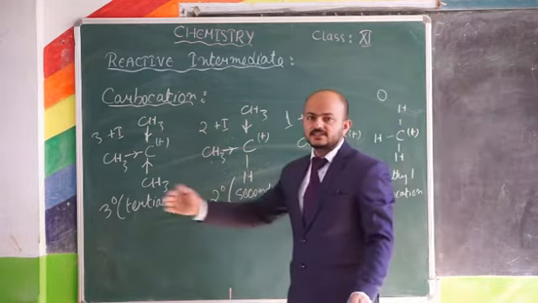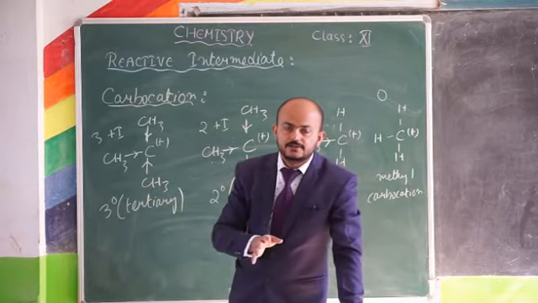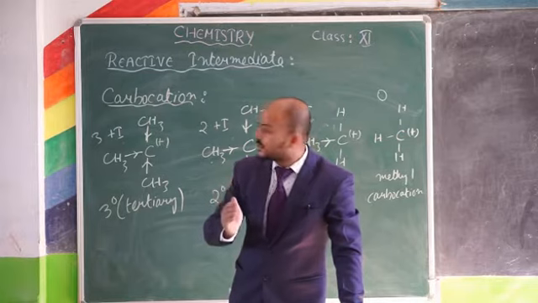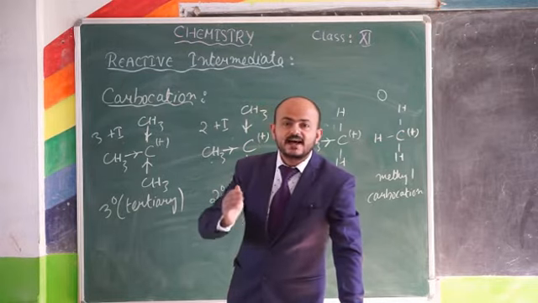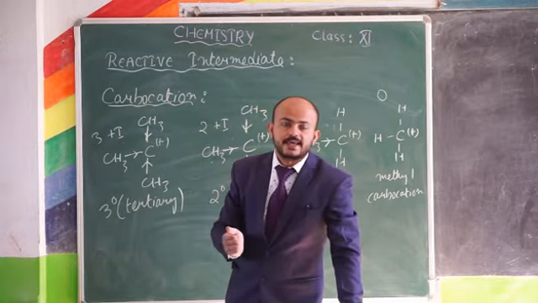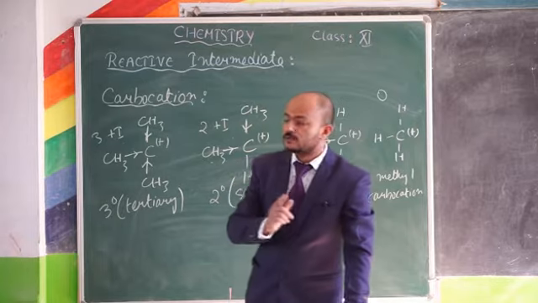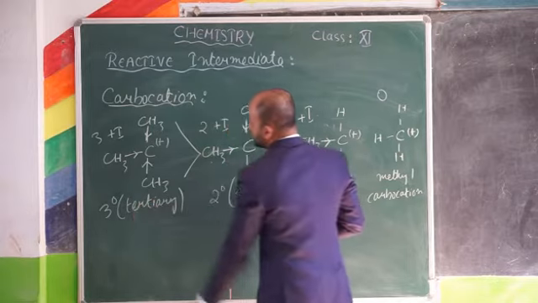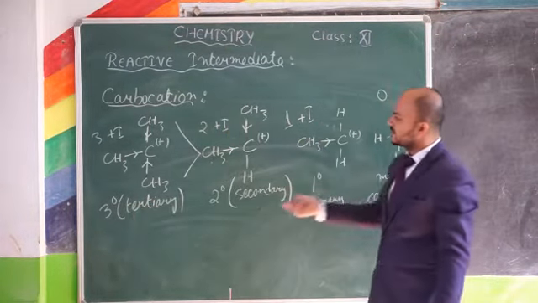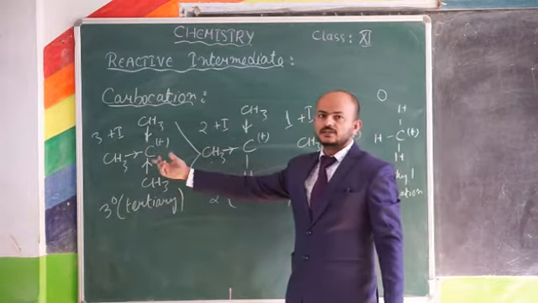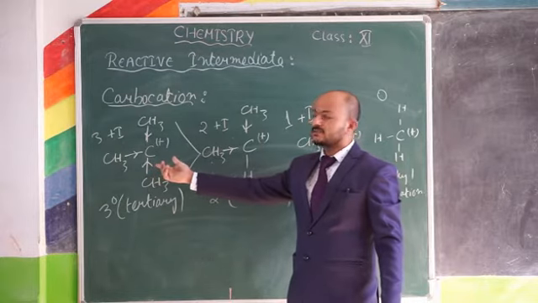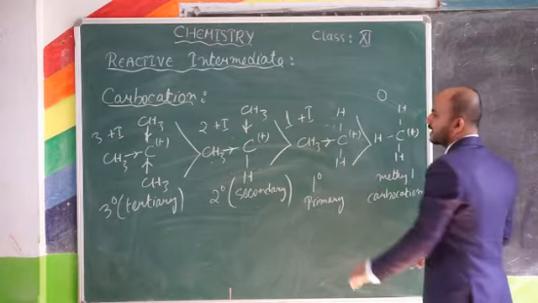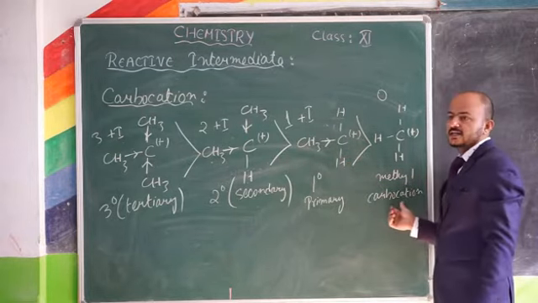So to decide the stability of a carbocation, the more plus I effect showing groups there are, the greater its stability. Therefore, tertiary will have the maximum stability, then comes secondary, then first degree, and the least stable is the methyl carbocation.